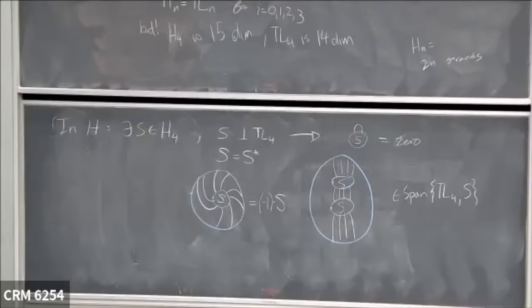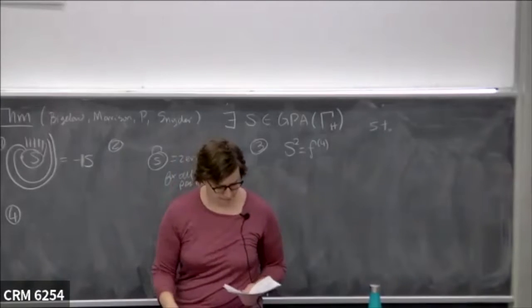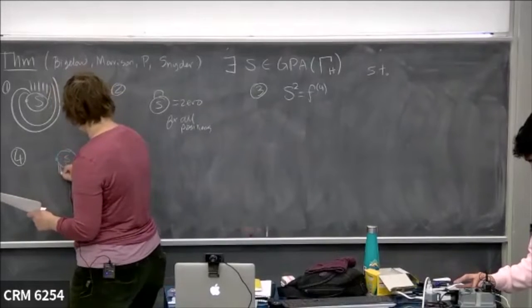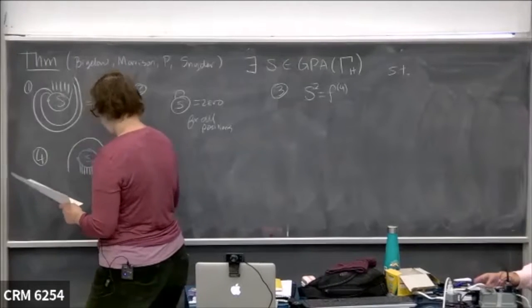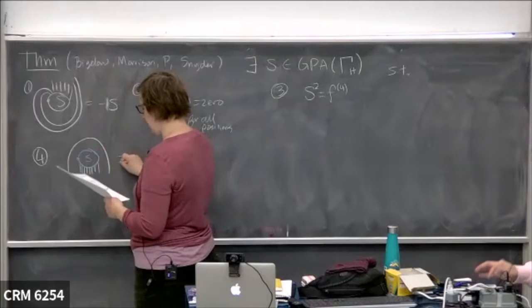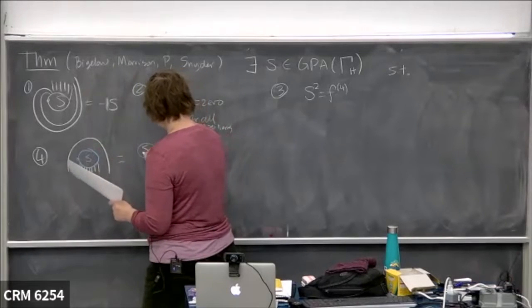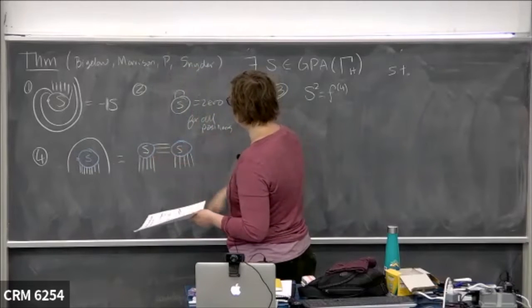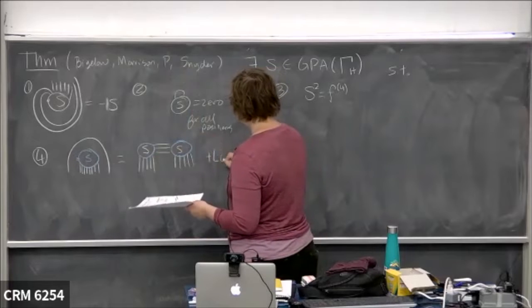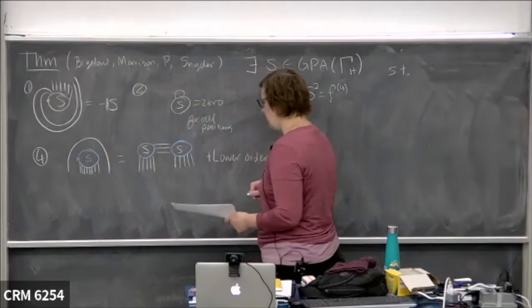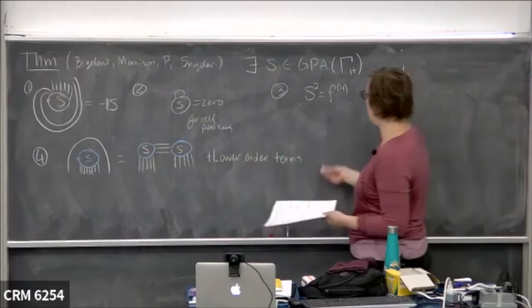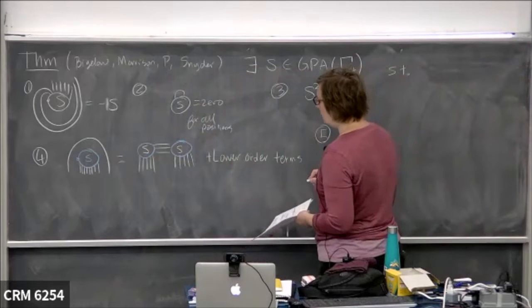Okay, and now the other relations I need are that if I have S with a single strand over the top, there's a relation that lets me replace that with two S's joined like so, with 3 strands between them, plus some lower order terms. Okay, and we'll get to why lower order terms is the right way to think about this in a minute.